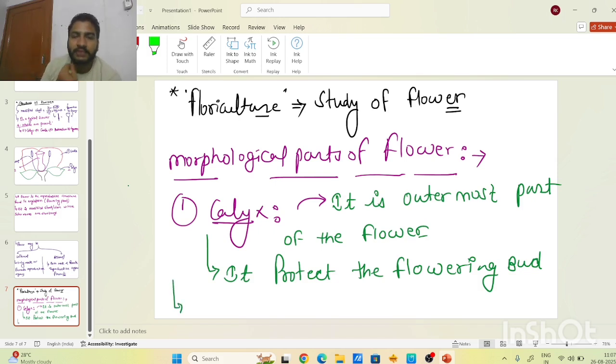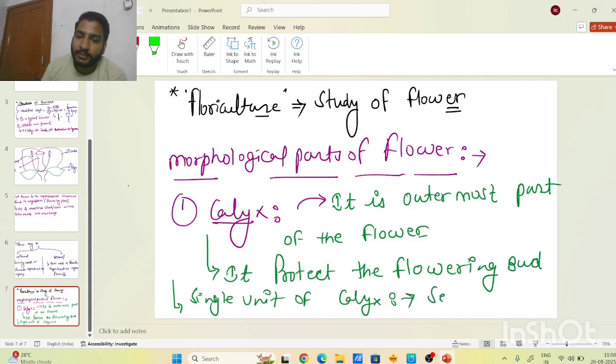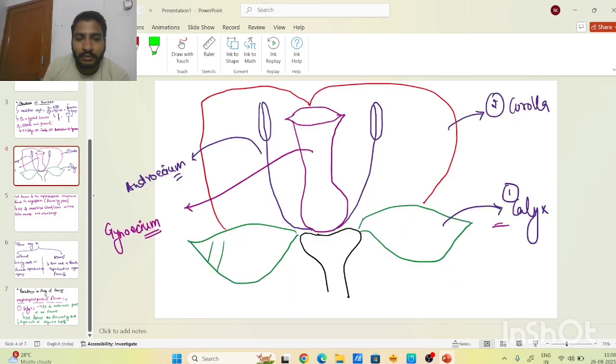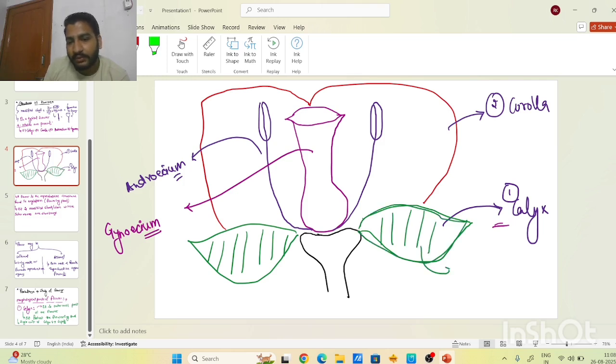Okay, the next one is the single unit of calyx. The single unit of calyx is known as sepal. Here you can see two units are present, but the single unit is known as sepal.